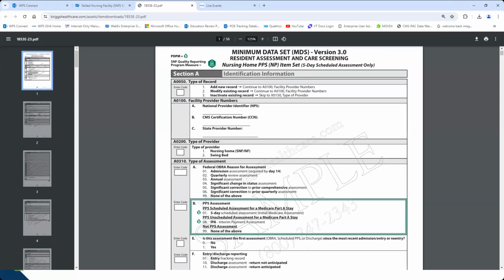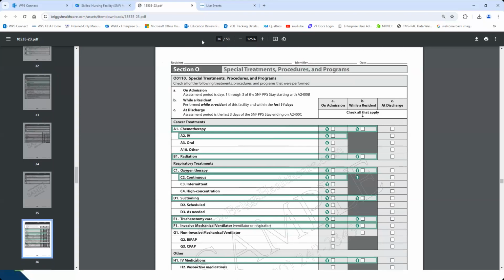Okay, so the little green money bag indicates that section affects PDPM payment. The general green outline and the green hexagon indicate SNF quality reporting measure programs. I'm going to scroll down to section O, and actually I'm just going to link to it because I know it starts on page 36 of this example.